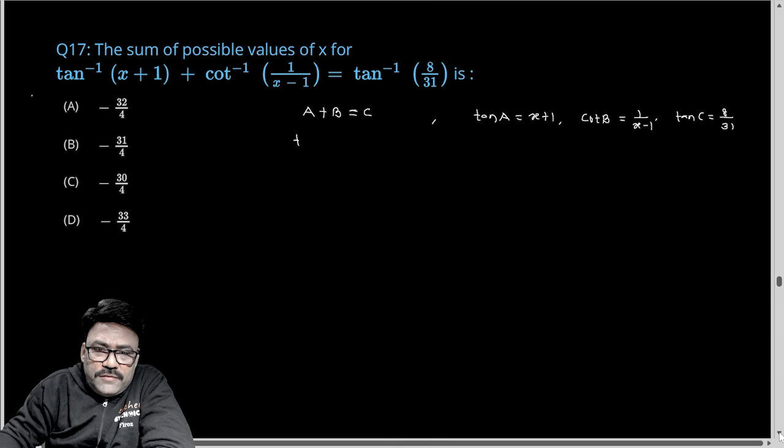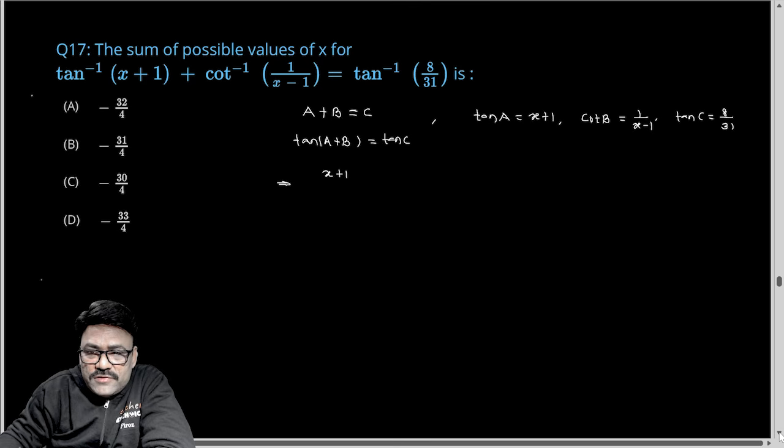Now if I apply tan on both sides, tan of (A plus B) is tan C. Now tan of (A plus B) can be written as tan A, which is x plus 1, plus tan B, which is x minus 1, over 1 minus tan A tan B. So x plus 1, x minus 1.